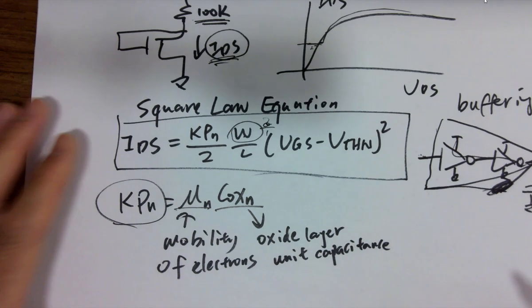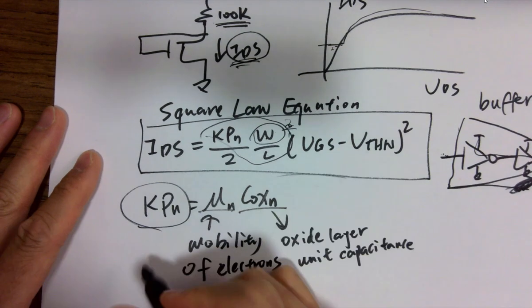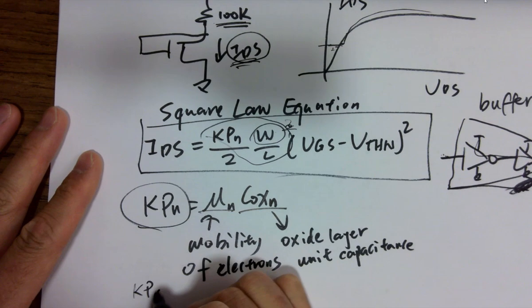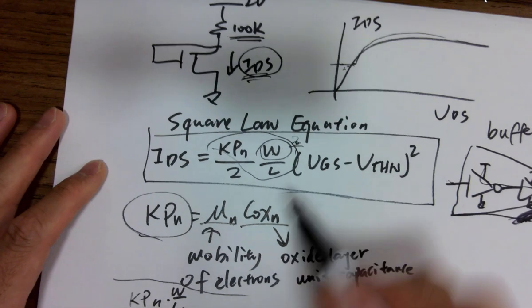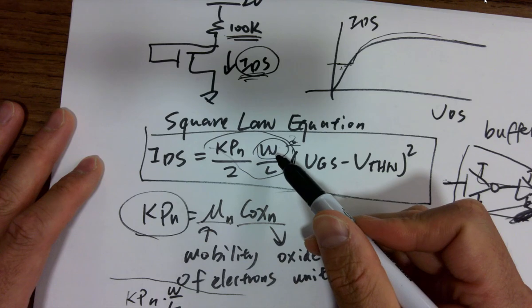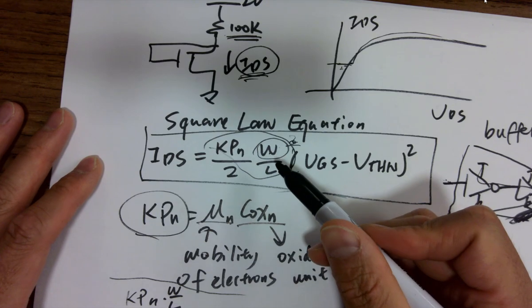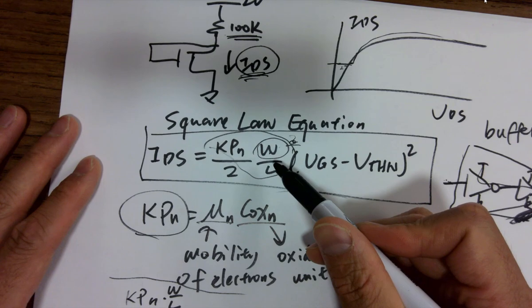Another parameter you need to know, sometimes if you see that from the textbook, for this part, KPN times W over L. Because the width and length is a ratio, and these are all defined by the user, they can be considered constants as well. These are given.